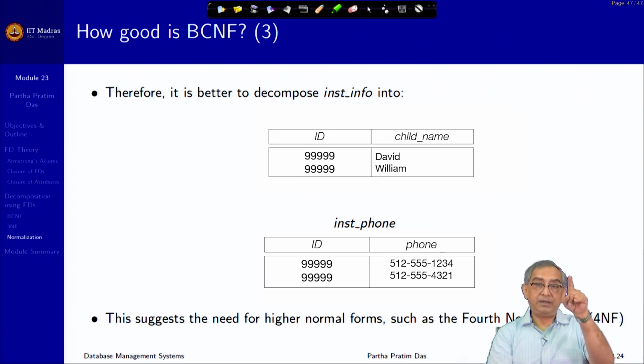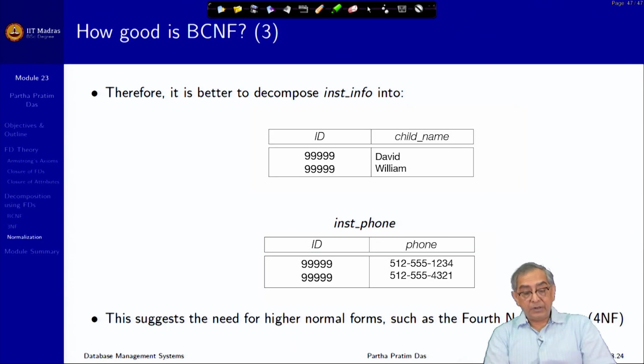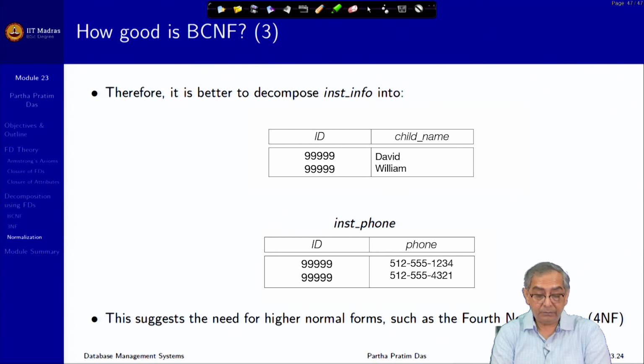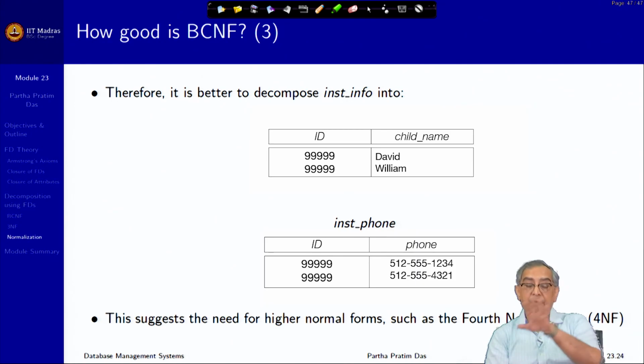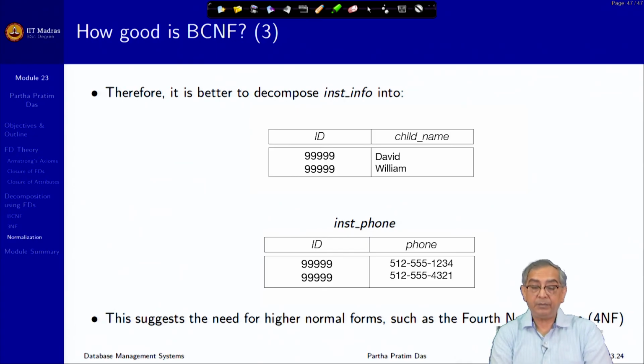The relation is in BCNF, because you do not have a non-trivial dependency. But if you decompose, then your problem gets easier, because you can have multiple children in one table, multiple phone numbers in the other table, and you will be pretty good in terms of the normalized representation. The anomalies will go away.